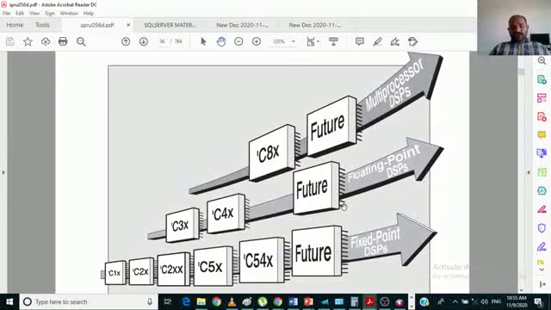As per our syllabus, we are going with the Texas Instruments DSP processor. Under Texas Instruments, we are studying the TMS 320C5X family.